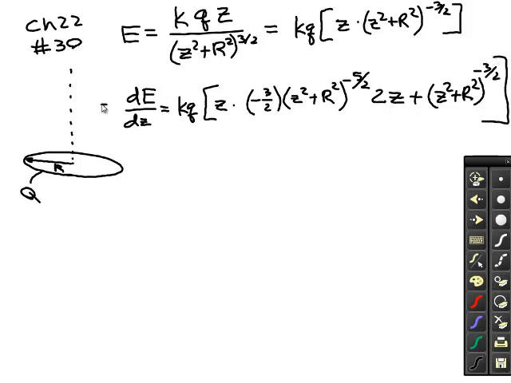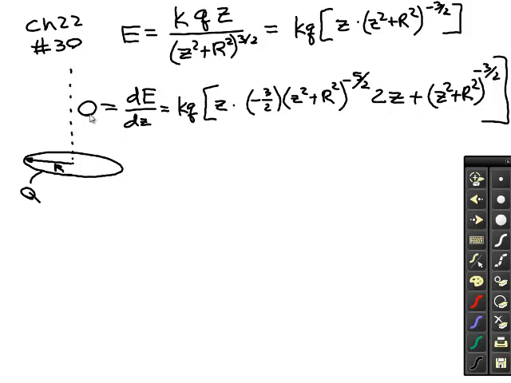And we're going to set this equal to 0. I ran out of room on the other side, so I'll put it over there. Set it equal to 0 and solve for Z. And then pray that's the maximum, not the minimum. I don't think it could be the minimum because we already found out it's 0 in the center and it's 0 when we're infinite away. So pretty good bet we're finding a maximum.